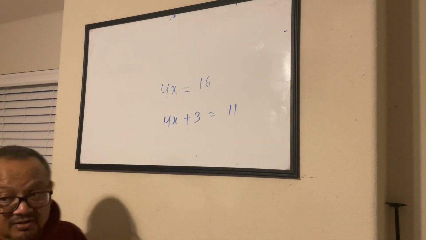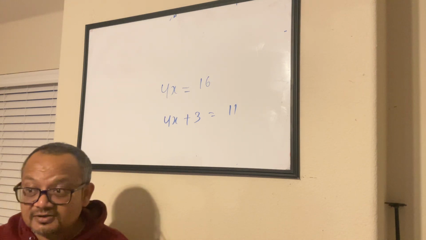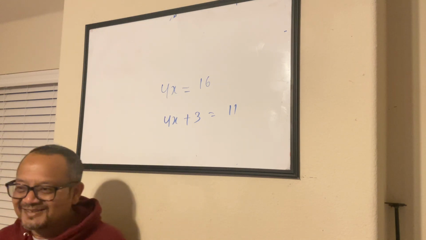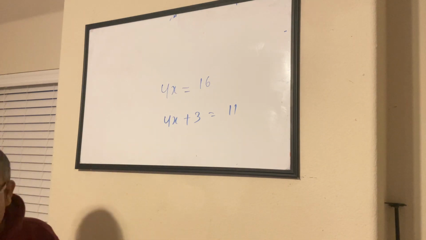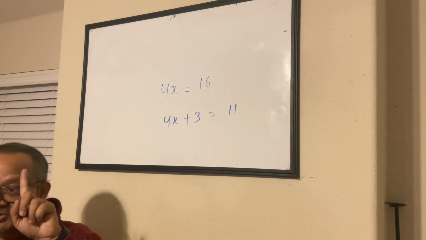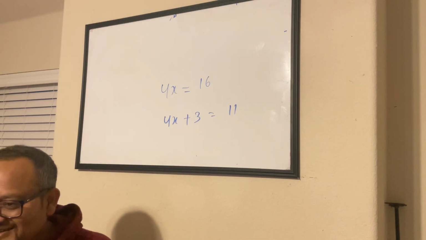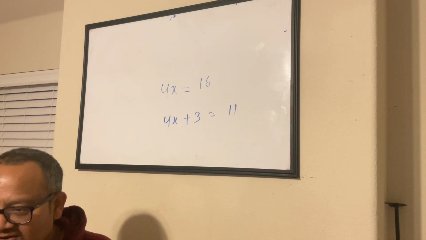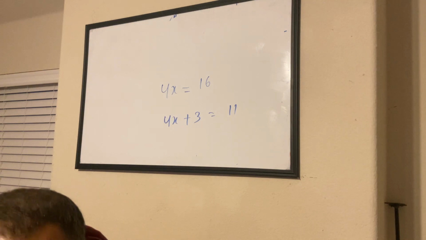Why? Because you rushed out for the answer. Solve it, then tell me. So 4x plus 3 equals 11, what is the value of x? Let's see what Dikshita has to say. Dikshita, unmute yourself. 2.